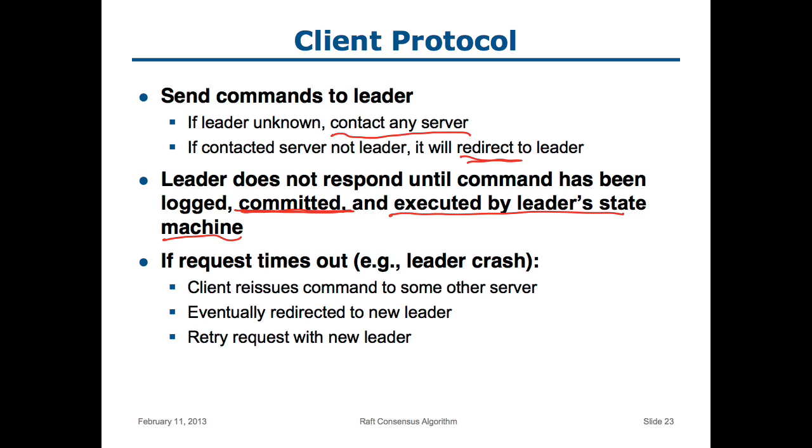And the answer is that when that happens, the client simply reissues the command. In fact, you can just pick a random server when that happens. Assume the leader has crashed, try some other server, and eventually it will find its way to the cluster's new leader. And then it will retry that request, and the new leader will execute it, and the command will be carried out. So this guarantees that a command will eventually be executed.